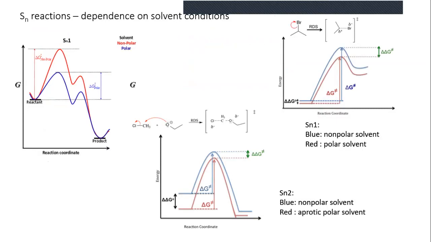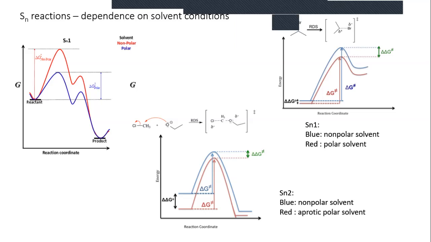For example, if we're doing a substitution reaction and we use a polar solvent versus a non-polar solvent, the polar solvent is going to be lower in activation energy than the non-polar solvent, because generally your nucleophiles like polar solvents.